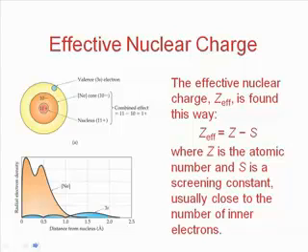A quantitative measure of this is referred to as Z effective, or Z with a subscript of EFF, and that is typically determined by the atomic number minus this screening constant, which is often close to the number of inner electrons or shielding electrons present.